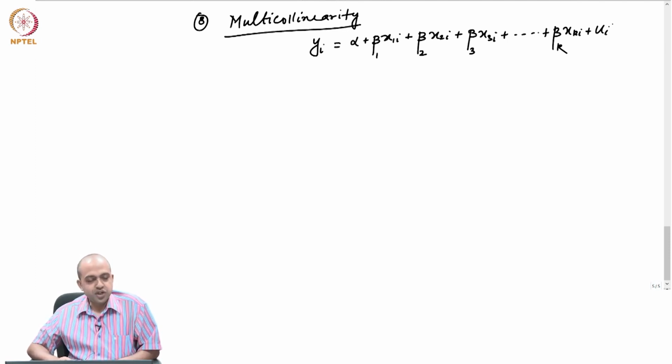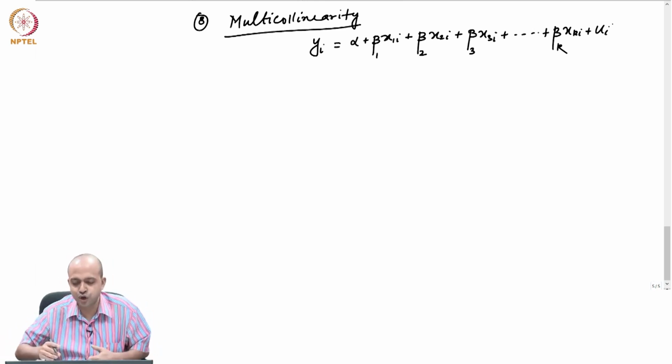Okay. So basically multicollinearity says that there should not be a high degree of correlation between any two variables.